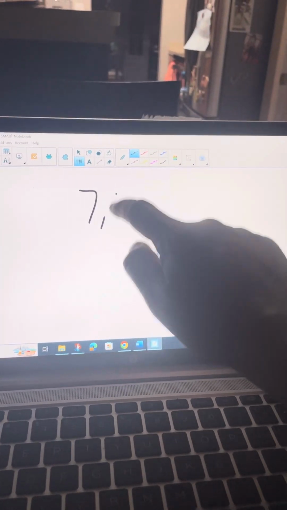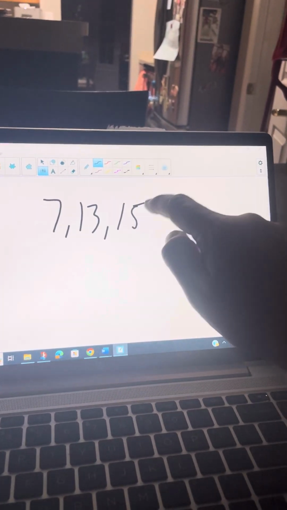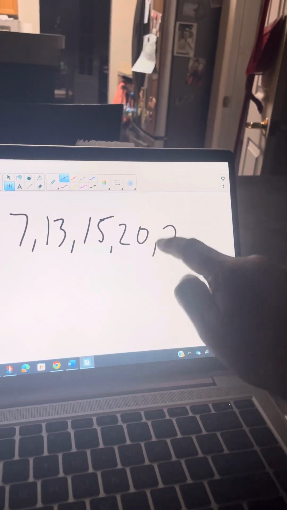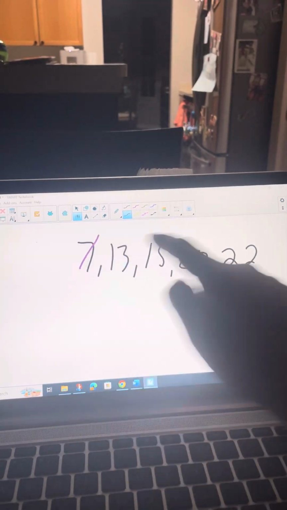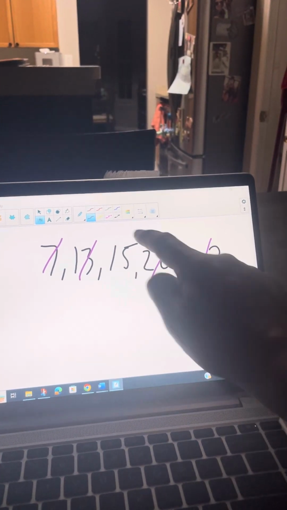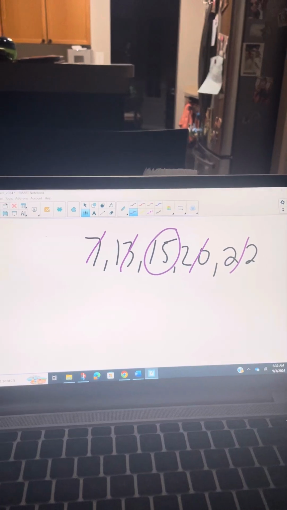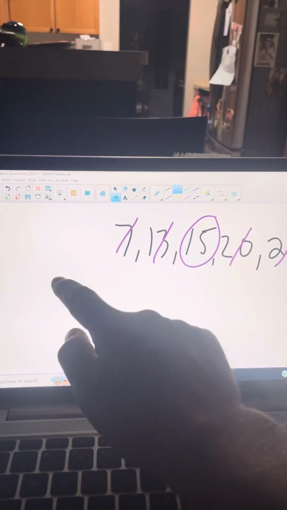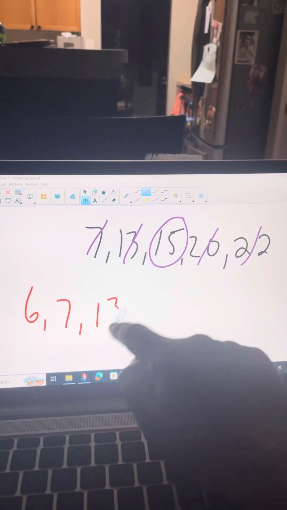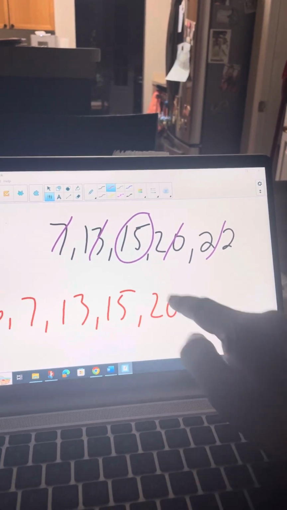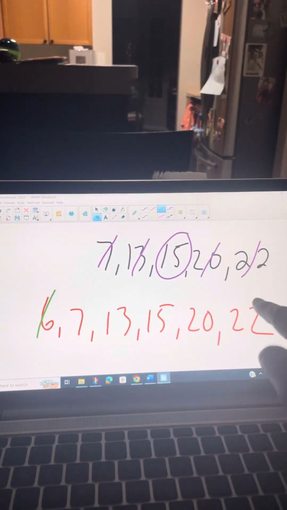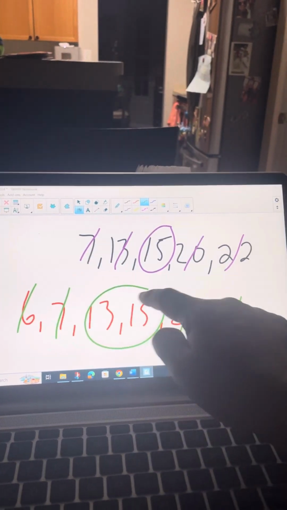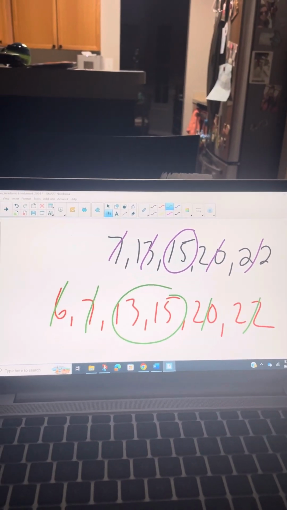So on this video, you've looked at finding median 2 different ways. When you have an odd number like 7, 13, 15, 20, and 22, you'll always just have 1 number in the middle, and that is automatically your median. If you have an even set of numbers like 6, 7, 13, 15, 20, 22, when you start crossing off, boom, boom, boom, boom, you'll always have 2 left in the middle.